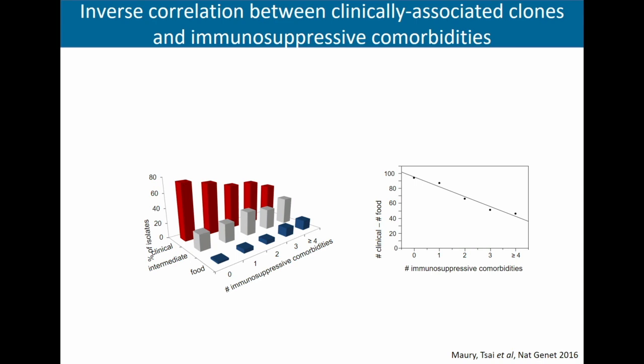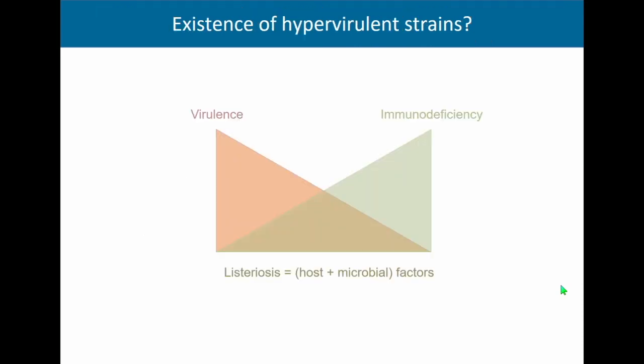As I told you, the patients who develop bacteremia and CNS disease have usually immunosuppressive comorbidities, and if you look at the presence of these clinically associated clones or food-associated clones according to the number of immunosuppressive comorbidities, you see an inverse correlation between the clinically associated clones and those immunosuppressive comorbidities as shown here, which together with this uneven distribution strongly suggest that there could be hypervirulent strains.